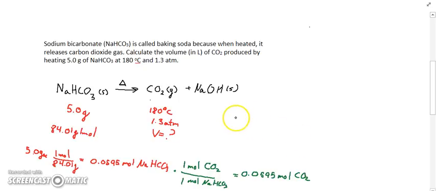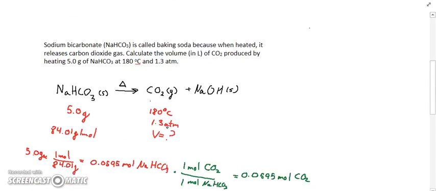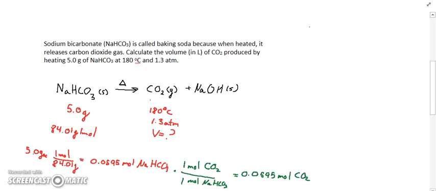The last thing we need to do is convert moles of CO2 to volume of CO2. Remember, if we look back at our mole maze, to do that we'll use the ideal gas law. And I'm not going to fully cover the ideal gas law here. I will say that first we need kelvins for temperature, so we'll need to convert this to kelvins by adding 273. Okay, and our gas constant R is equal to 0.08206.